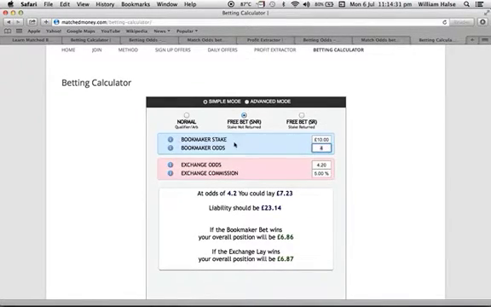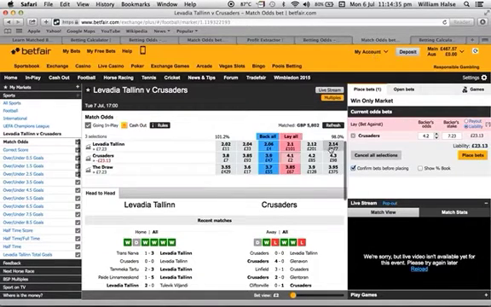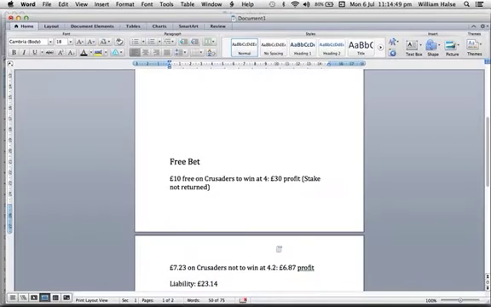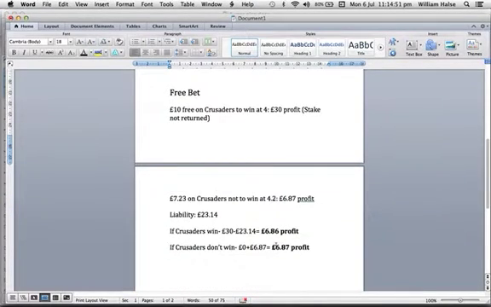The bookmaker odds, so Paddy Power odds are 4, and the Betfair odds are still 4.2, because that's where the £85 is the majority of money. There's only £2, so our £7.23 stake won't be covered. So what we do, if we look at the worked example on our free bet, so we have £10 free at Paddy Power to spend on Crusaders to win.